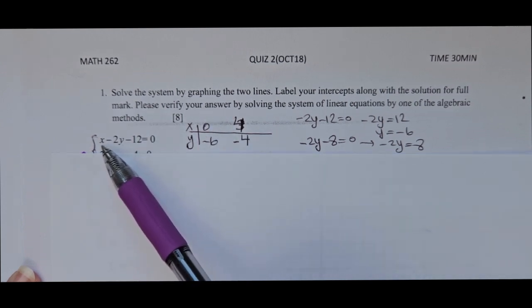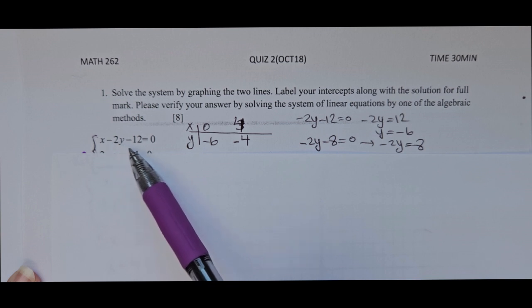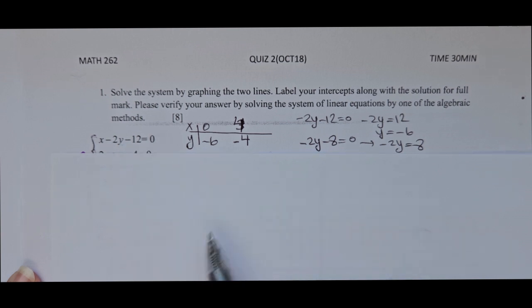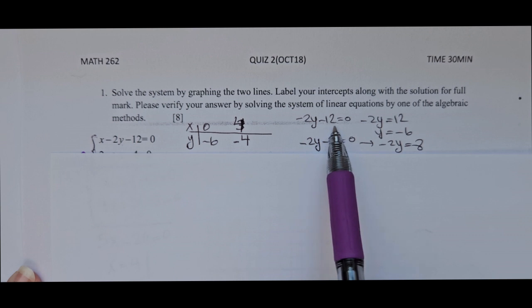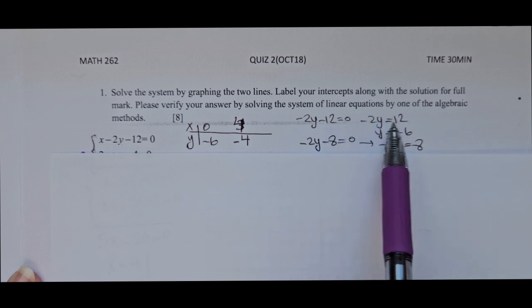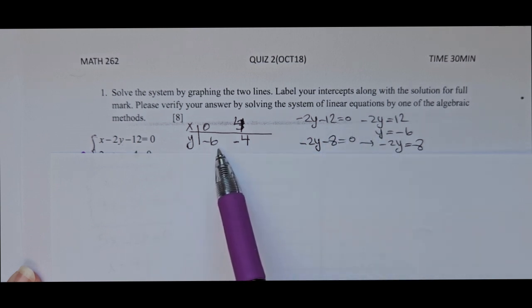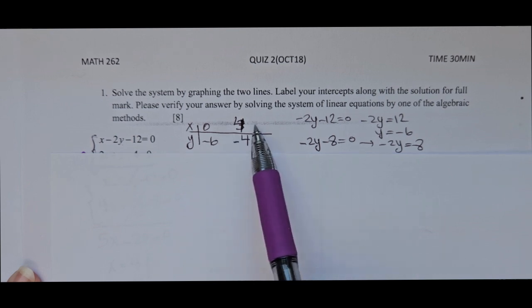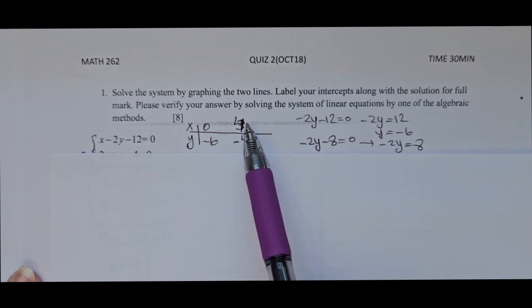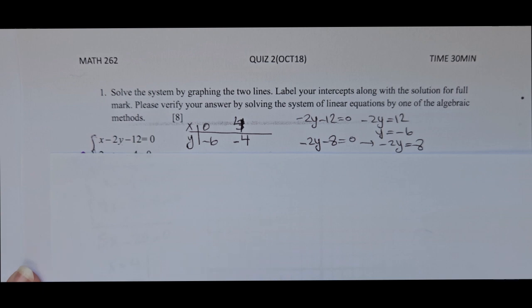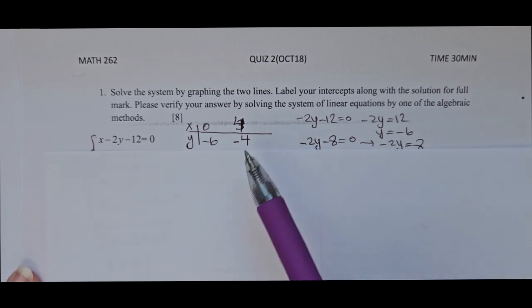If we substitute x as 0, negative 2y minus 12 would be 0. So if you solve this equation, y would be negative 6. For the second point, I consider x to be 4, and if you substitute in the same equation, you would get y to be negative 4.